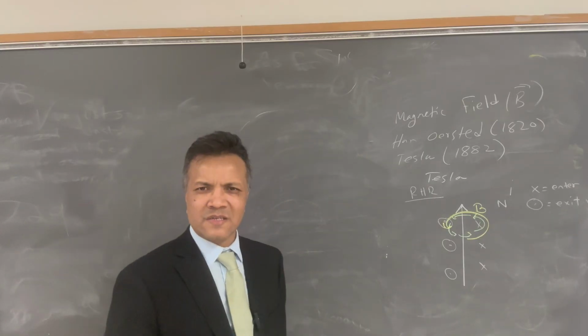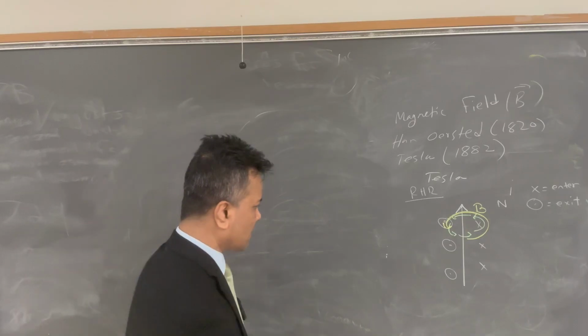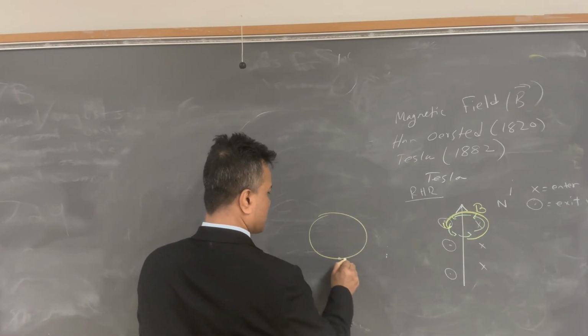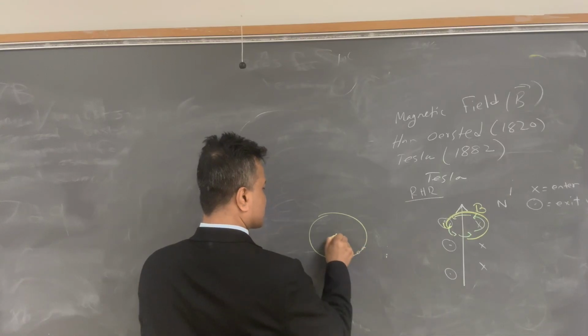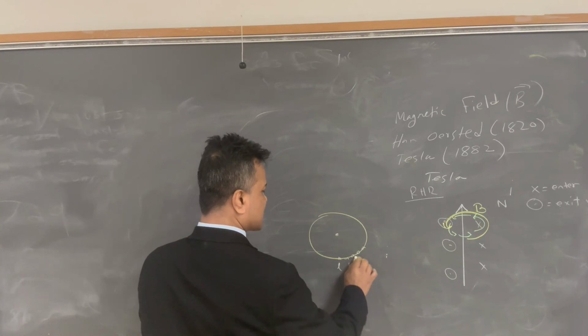And the magnetic field is like a cross section of a cylinder, like a circle. Consider a circle made of points equidistant from the center. This point is L1, this point is L2, this point is L3.